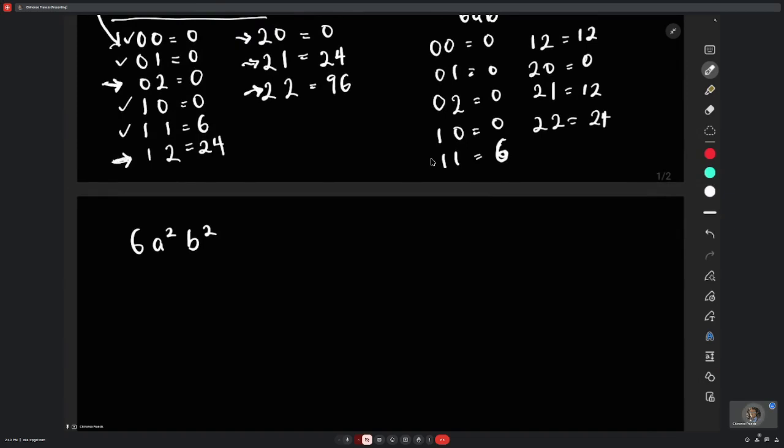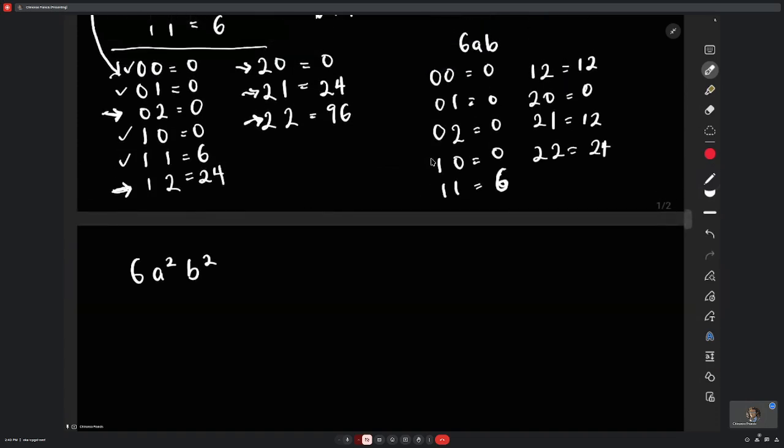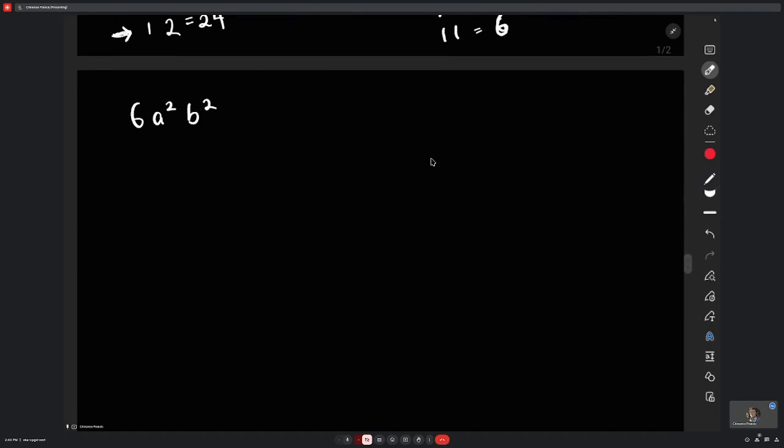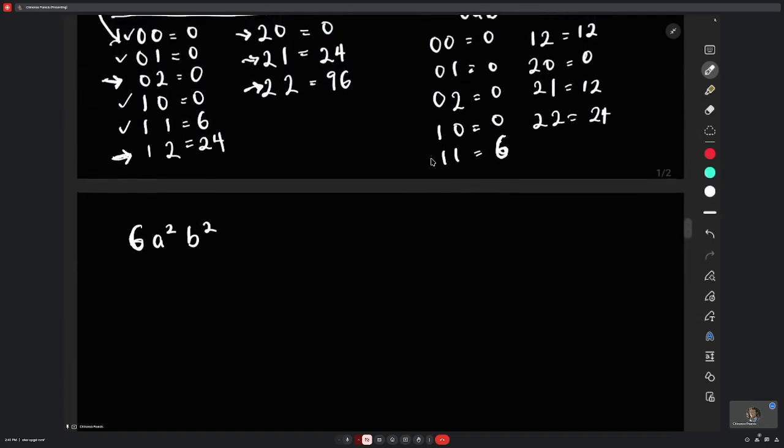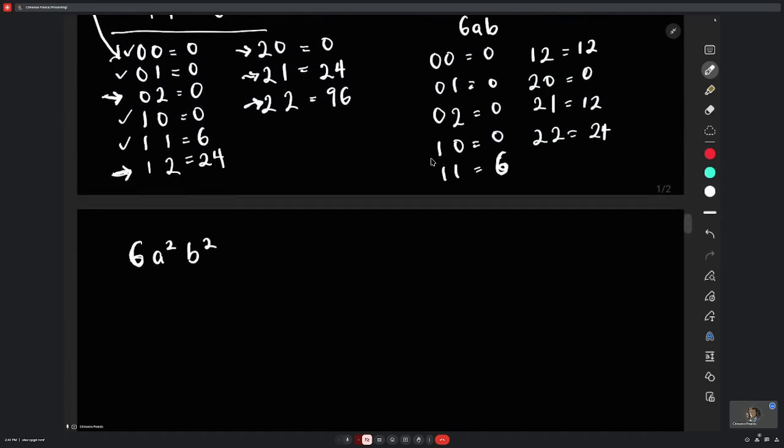Okay, let's do it in coefficient form first. So we have our polynomial 6a squared b squared. I will want to perform sum check over this polynomial.